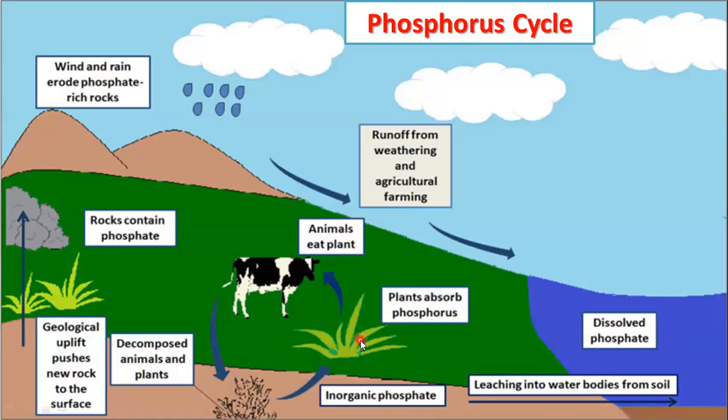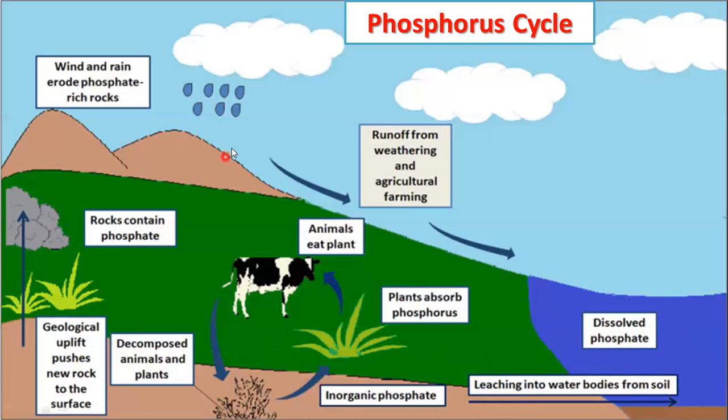Also, through the leaching process of water which goes into the soil, the phosphorus is washed out from the soil towards the ocean because of this leaching process.